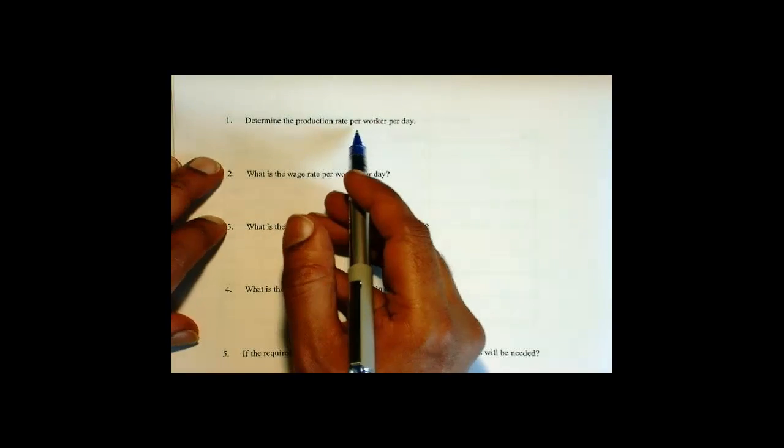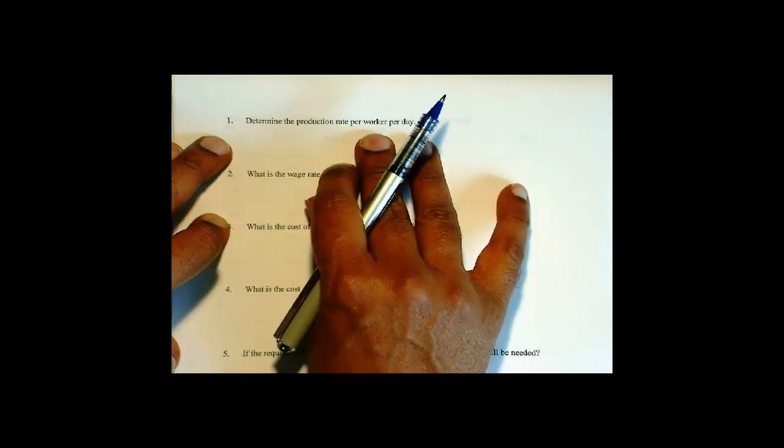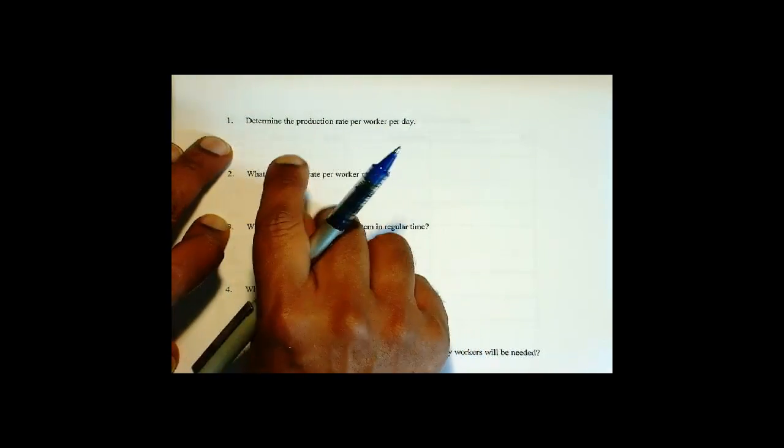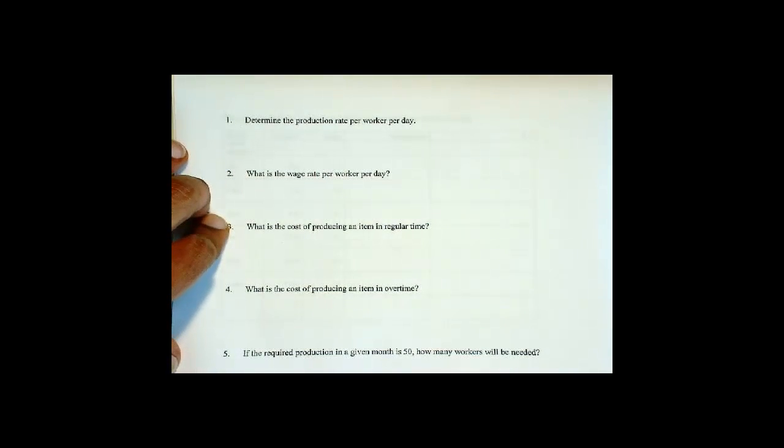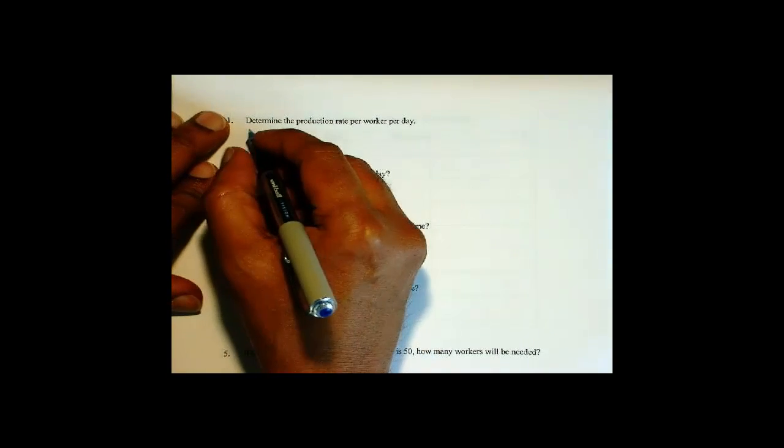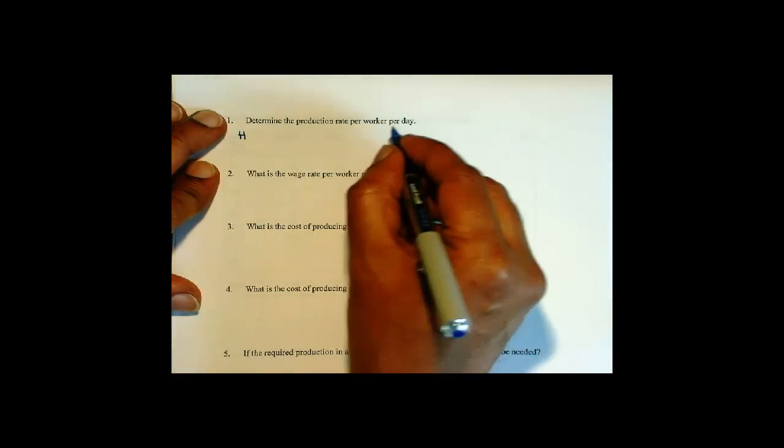that we will need as we go along to develop our production plans. So determine the production rate per worker per day. Remember, we used this number in the slides, so now let's look at how to compute these values. So this is given by, this is per day basis, so we have to make the computations on per day basis.